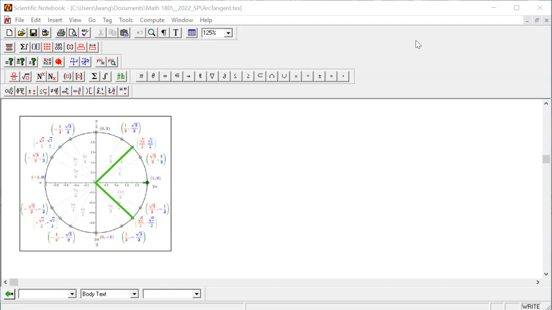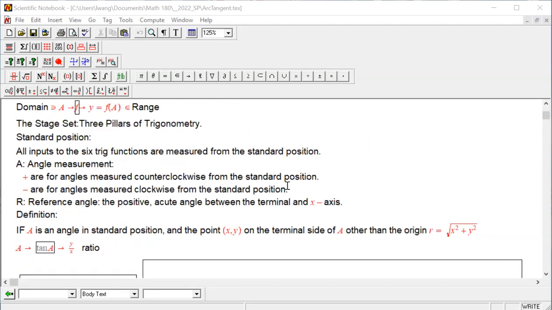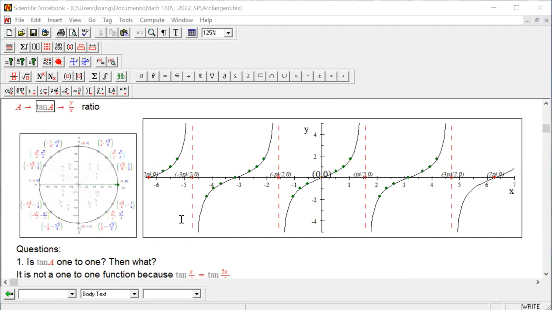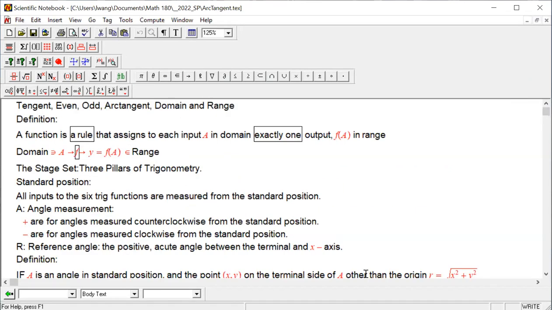Now we finally can focus our attention on arctangent. We have talked about how it is not one-to-one. And then what?